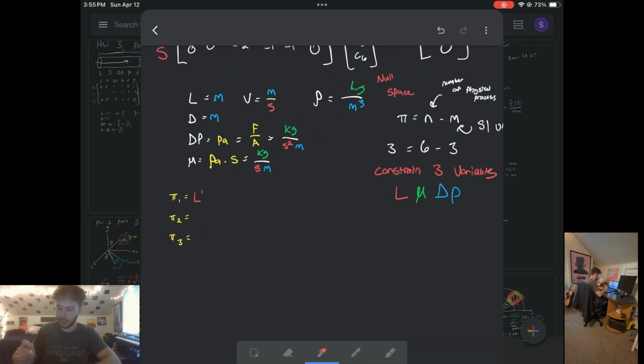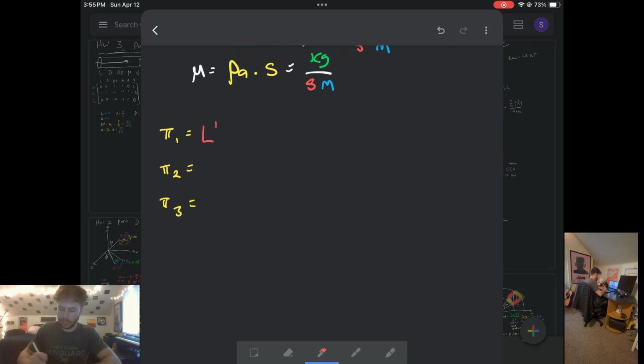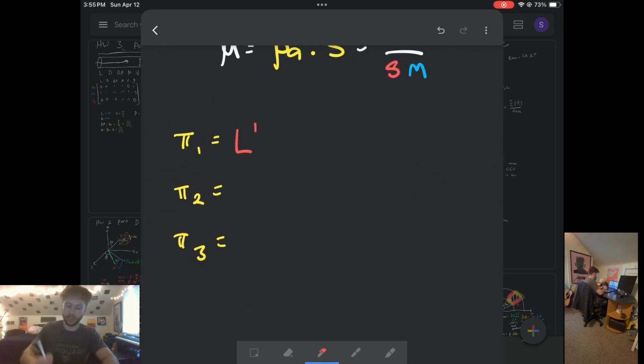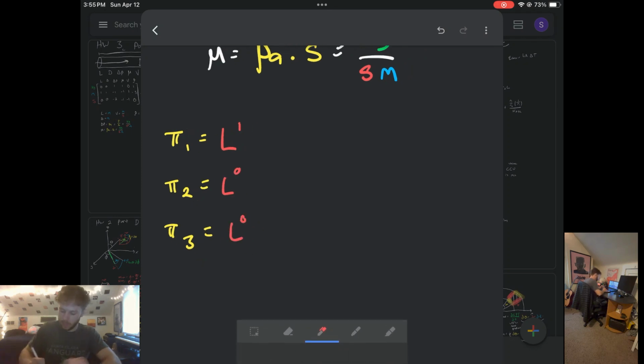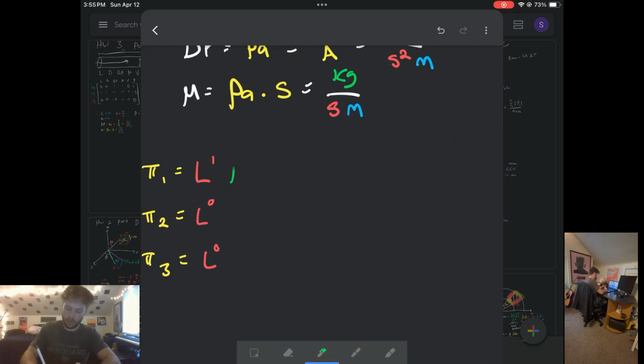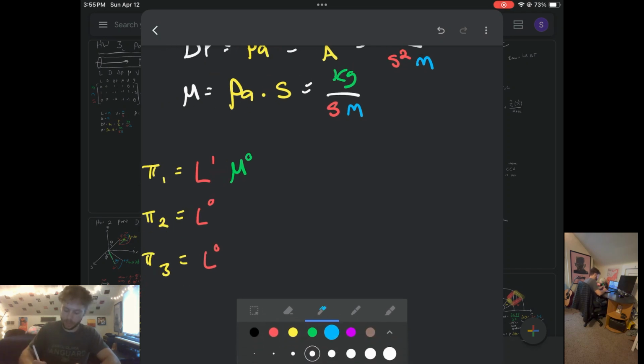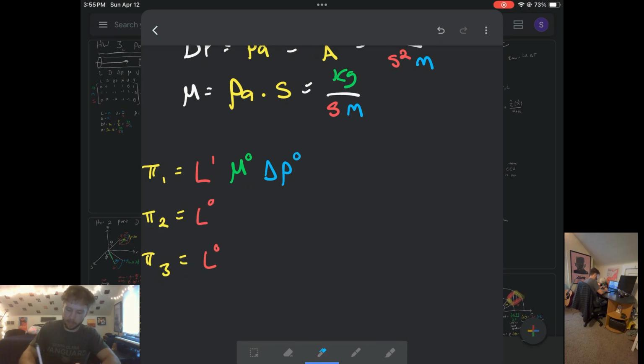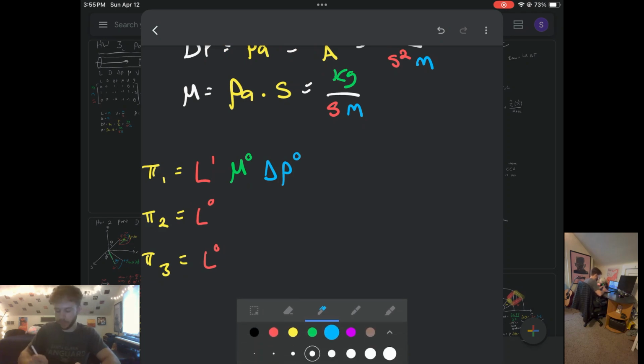Since length appears in the first equation, it will not appear in the second 2 equations. So we'll put it to a power of 0, so it'll be equivalent to just 1. Our viscosity and our pressure drop will also not appear in the first 2 equations because we already have one of our constrained variables.